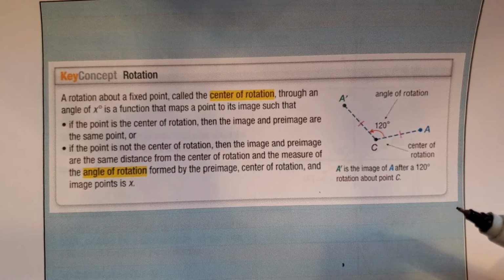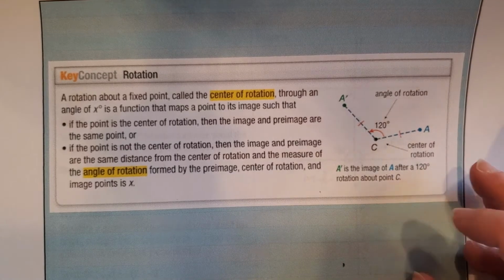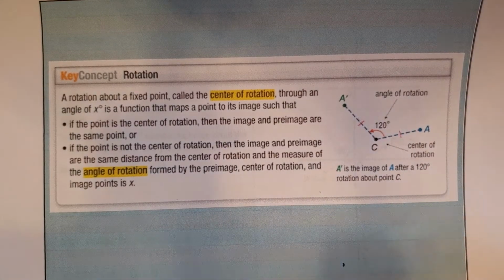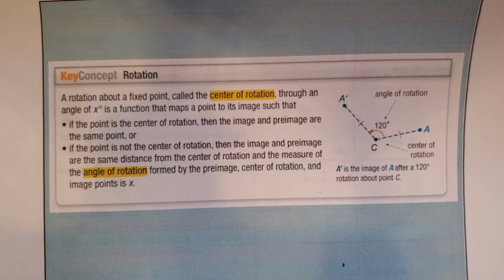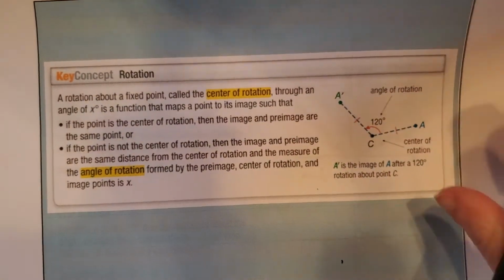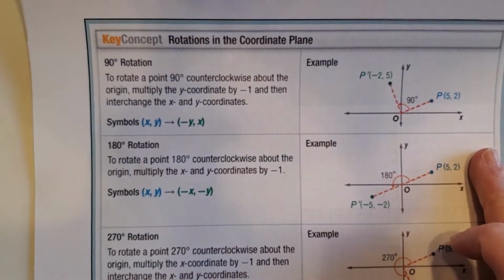As we saw with reflections and translations, we're going to focus more on what it looks like in the coordinate plane rather than drawing figures using a compass, a ruler, a straightedge. Again, you don't need any of those things. So I just skipped right to this, which is really the meat of it.